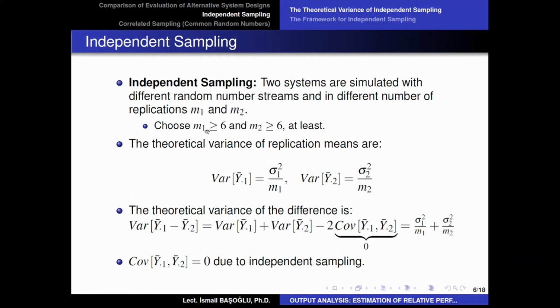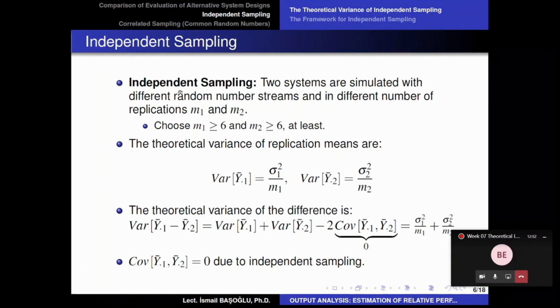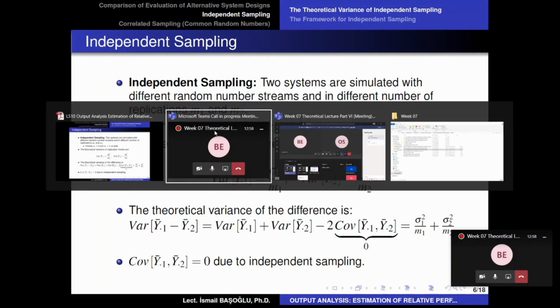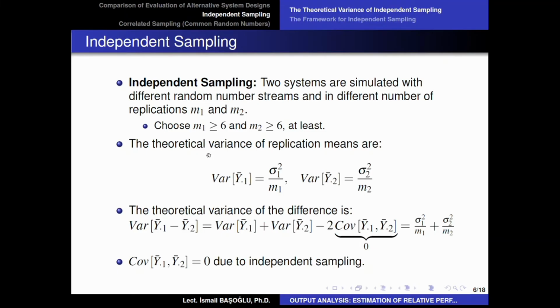So M1 and M2 can be any two numbers of replications. It doesn't matter, but in order to get a reliable result for independent sampling, we definitely need a number of replications greater than or equal to 6. Now, the theoretical variance of the replication means, if you remember, is sigma square 1 over m1, and the variance of the second system, y dot 2, is sigma square 2 over m2.